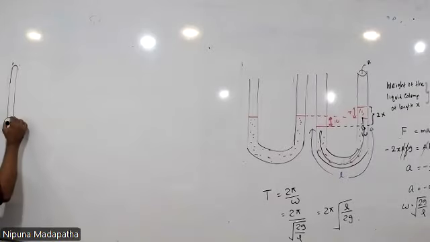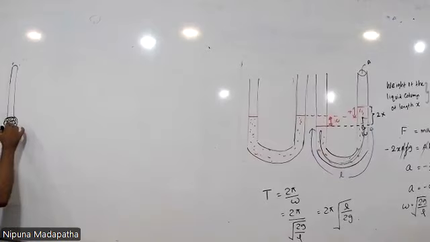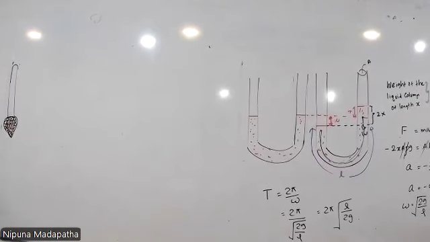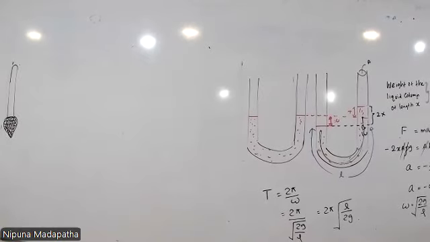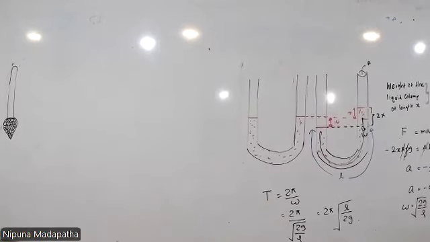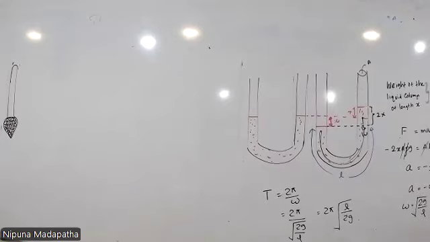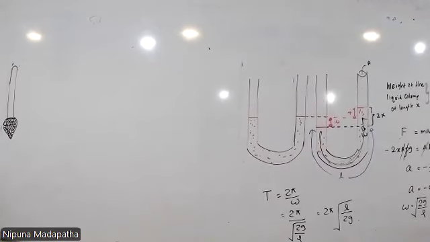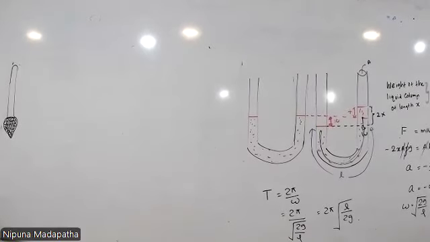So this bulb is filled with metal balls. It is not like a barometer. The conical shaped bulb is filled with metal balls, and its volume is very large.